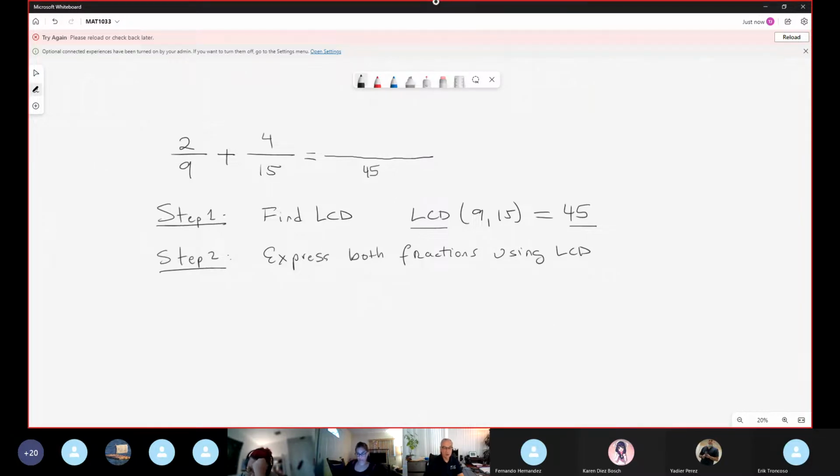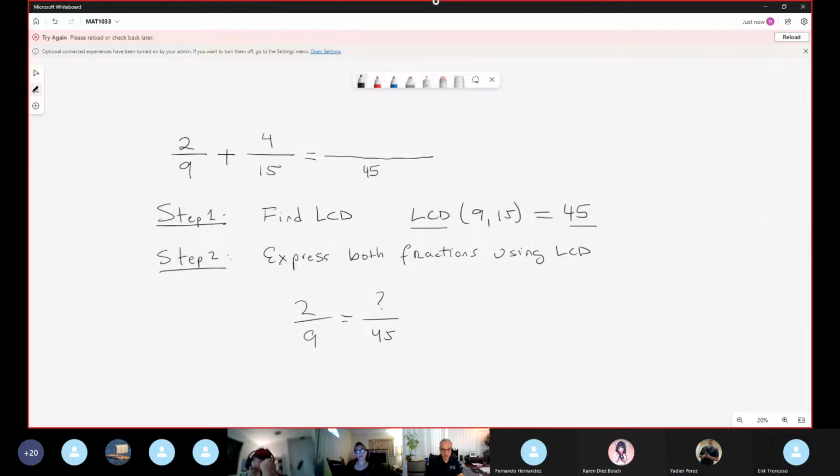Okay, so now it's like finding an equivalent fraction. So 2 over 9 is equal to question mark over 45. Okay, and of course we need to do one by one, right? The first fraction and the second. But I isolate the first one to illustrate the base idea. To find this is super easy.